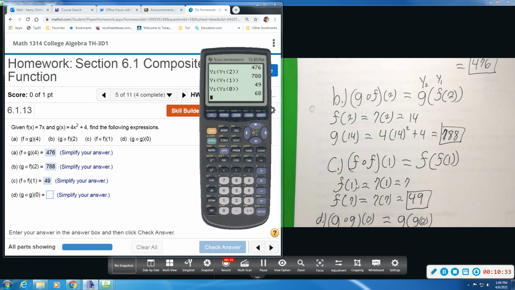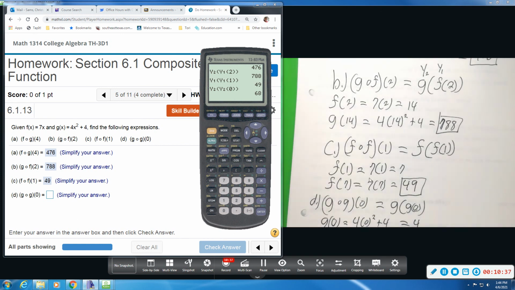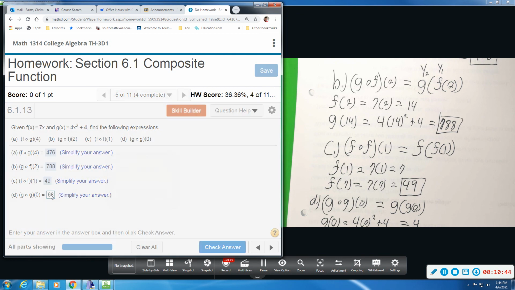Okay, and that's what we got at the very bottom, 68. So it's not bad to do by hand, but you can also do it with a calculator. Several steps of button pushing, but once you've done it a few times, you'll have some muscle memory there.